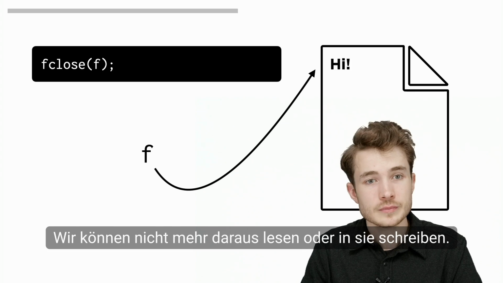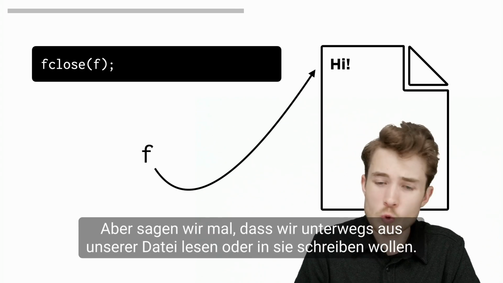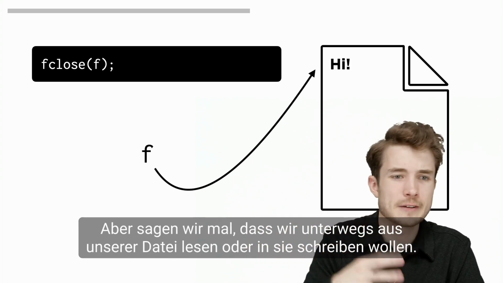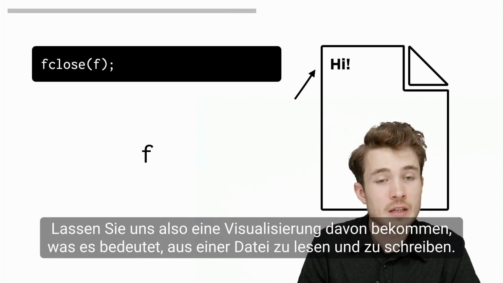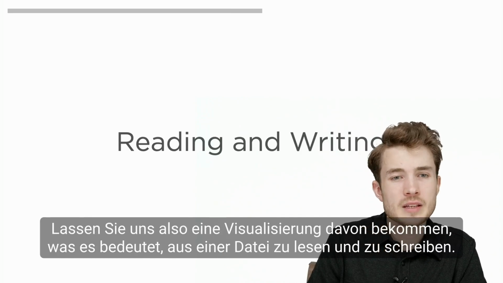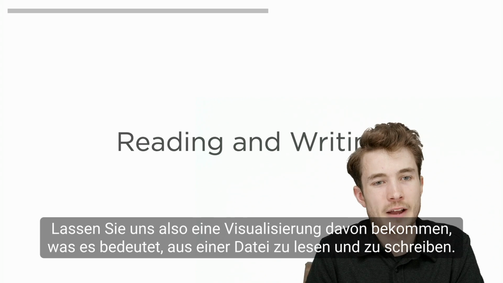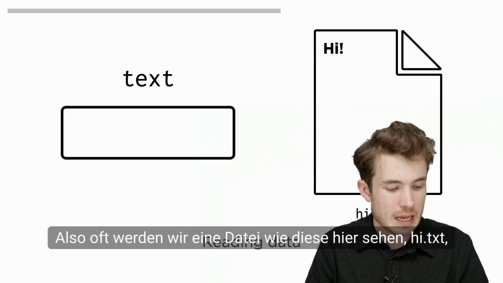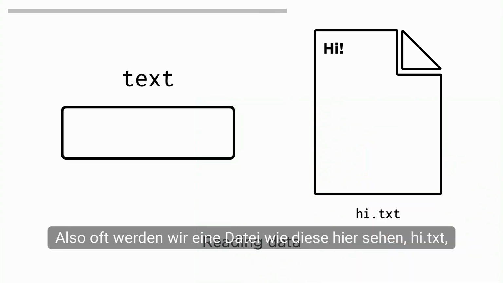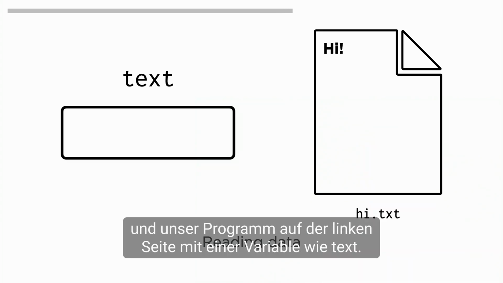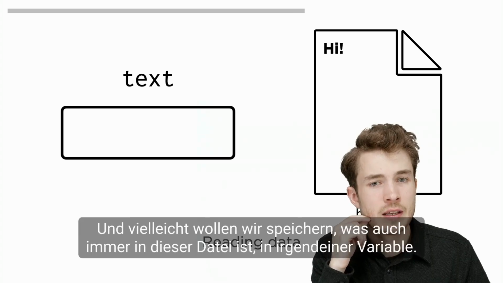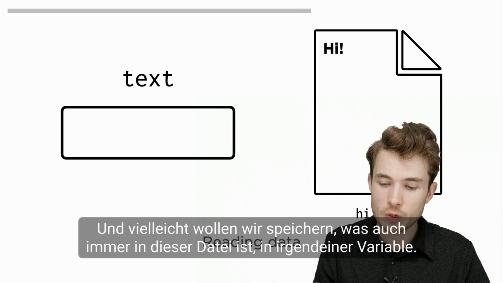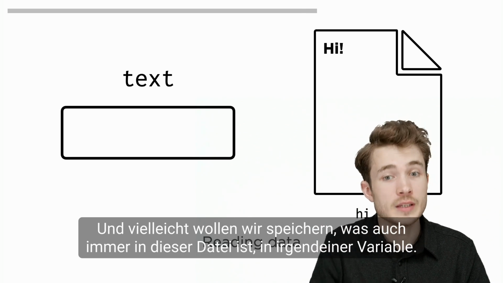Okay. But let's say along the way we do want to read or write data from our file. So let's get a visual now for what it means to read and write from a file. So often, one thing we'll see is having a file, a bit like this one, hi.txt, in our program on the left-hand side with some variable like text. And maybe we want to store whatever is inside this file in some variable.